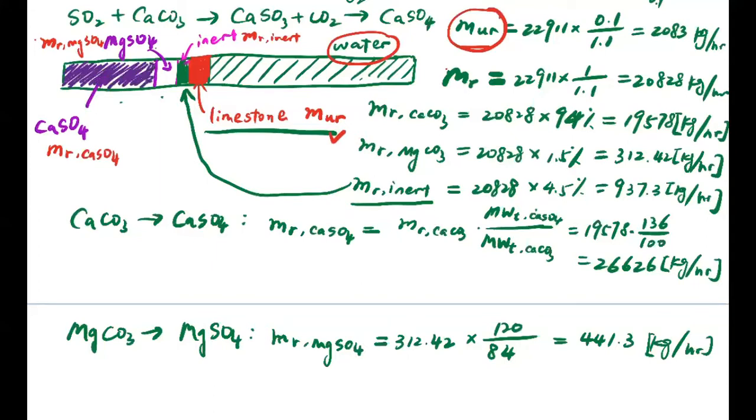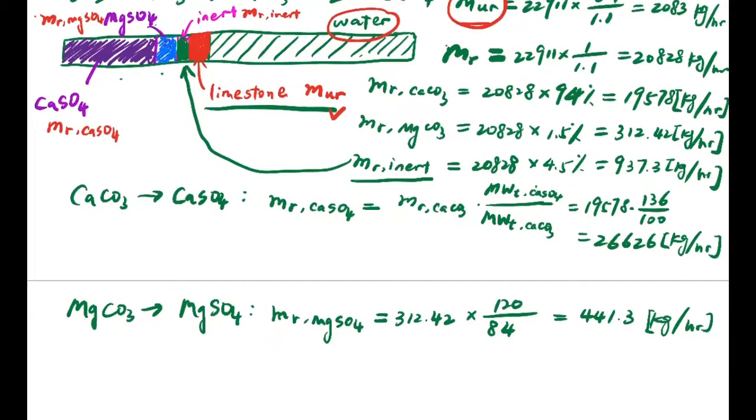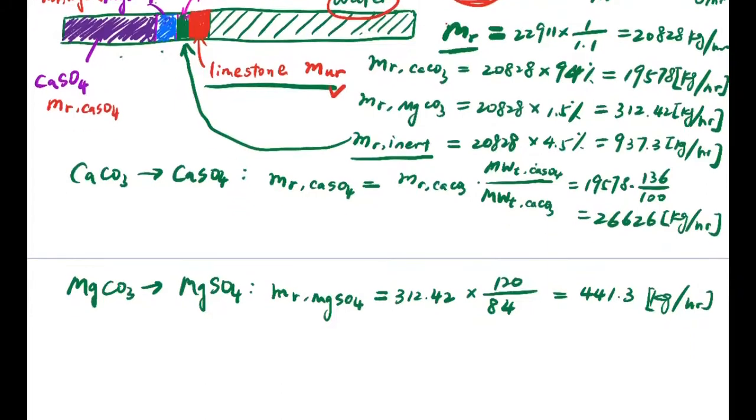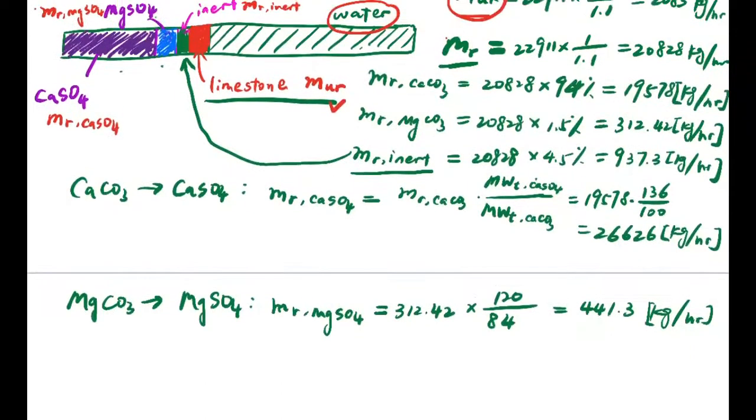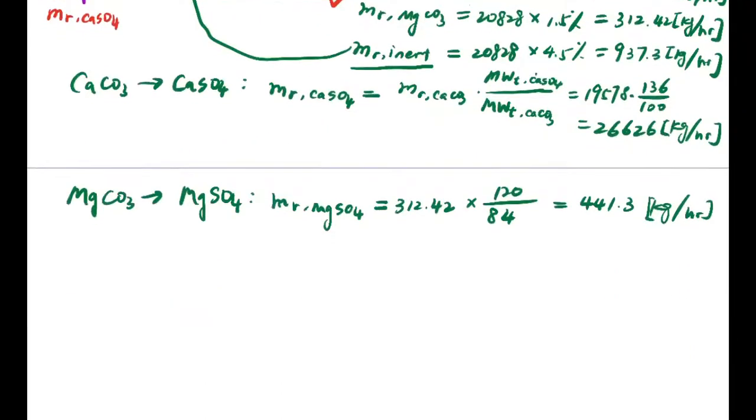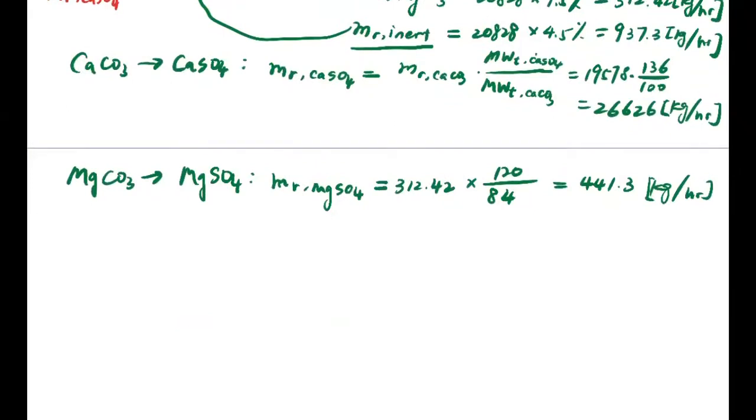Okay, so finally we have the magnesium sulfate, which is here. Okay, and these are calculated based on the reacted amount of the limestone here. Okay, so now we can just add everything together. So first we can calculate what is the total solid in the sludge.